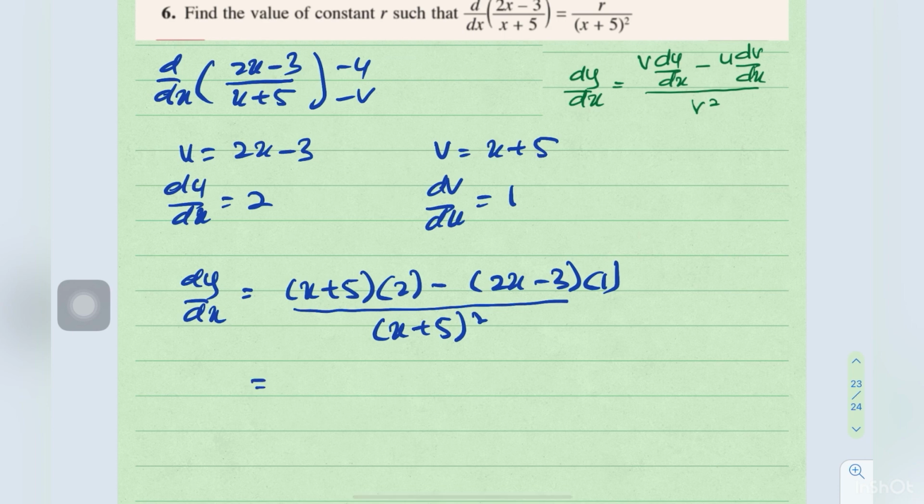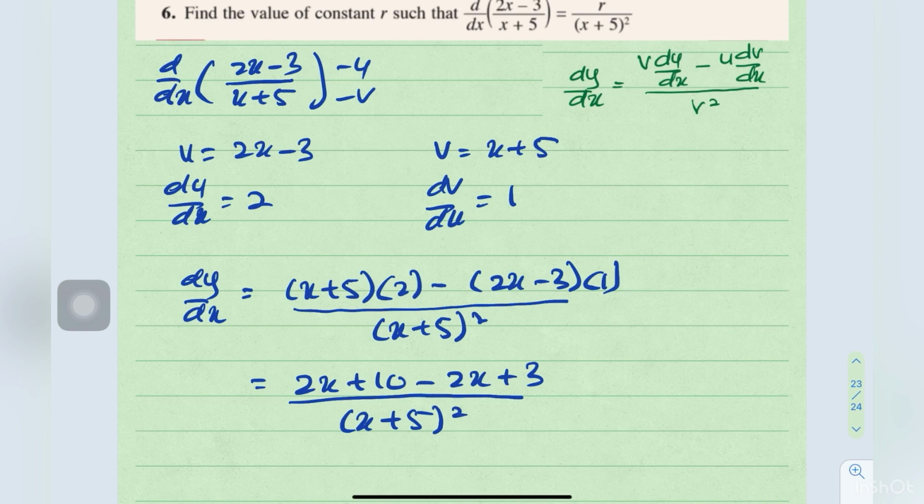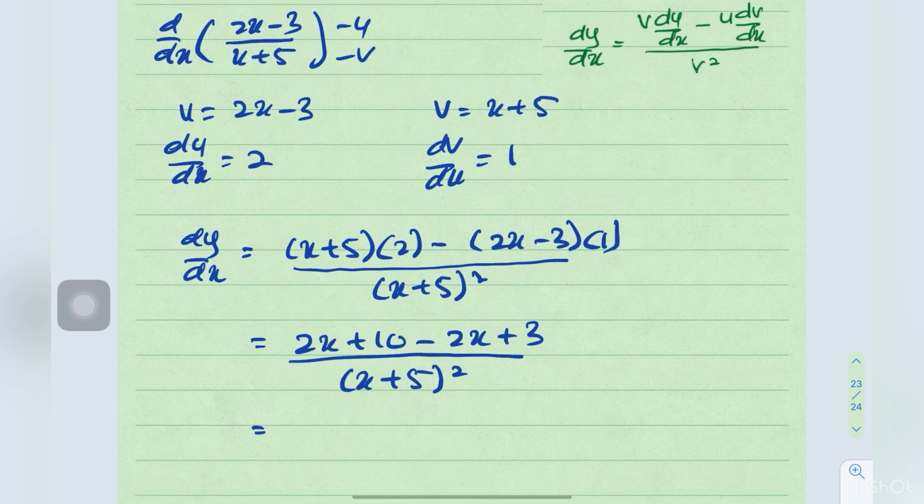Okay, so we simplify, we get 2x plus 10 minus 2x plus 3 over (x plus 5) squared. Okay, so this one we have 2x minus 2x is 0.